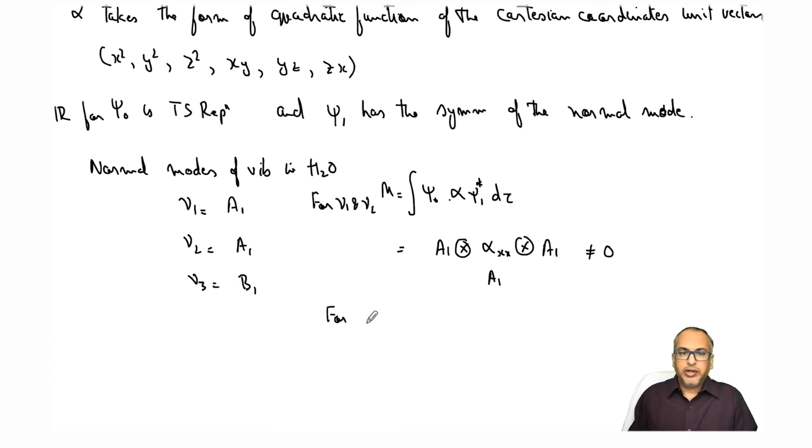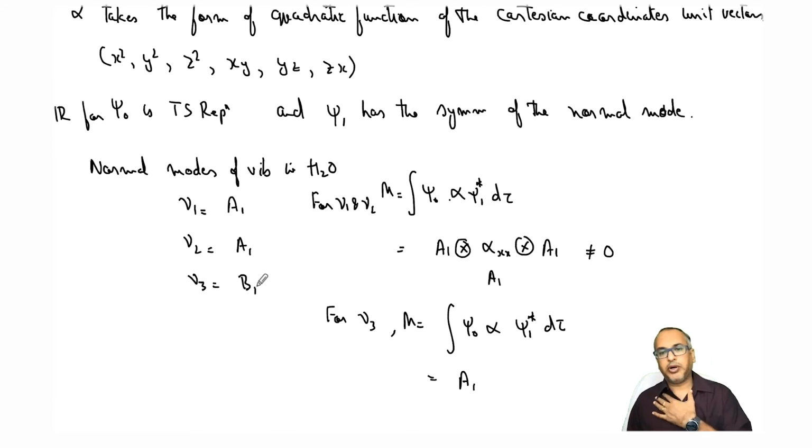Now for nu3, m is equal to integral psi 0 alpha psi 1 star d tau. Psi 0 is always A1. Now you have to find if there is any binary product of Cartesian coordinate unit vectors which has the symmetry of B1. Okay, so I think alpha xz has the symmetry of B1.